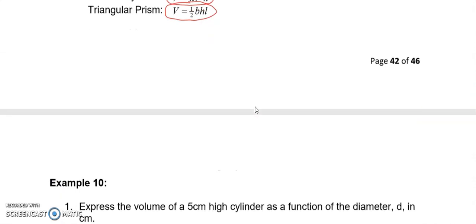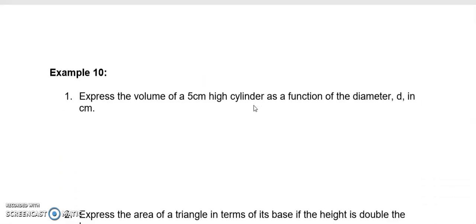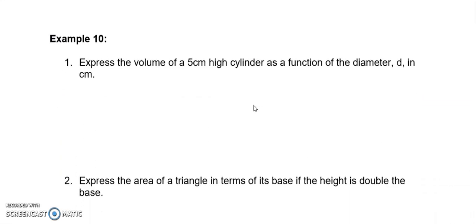Now, here is where the word problems start. And so I'm going to go over these examples with you here. You have to be very careful with these. You have to know exactly what it is you're looking for. And you have to come up with a plan to calculate the function that they're asking for.